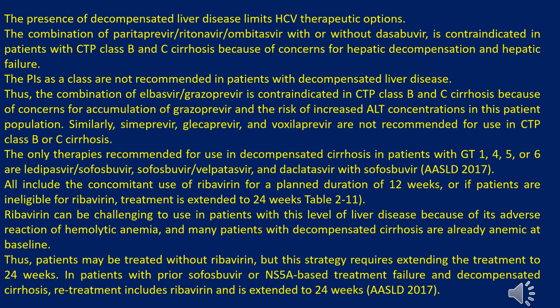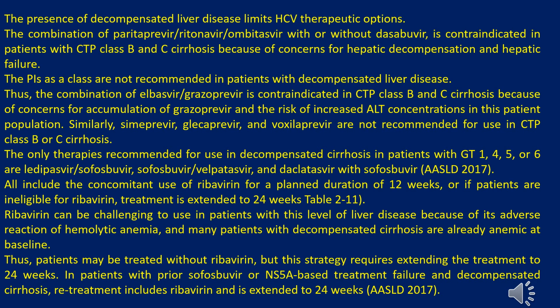Thus, the combination of elbasvir plus grazoprevir is contraindicated in CTP class B and C cirrhosis because of concerns for accumulation of grazoprevir and the risk of increased ALT concentrations in this patient population. Similarly, simeprevir, glecaprevir, and voxilaprevir are not recommended for use in CTP class B or C cirrhosis.